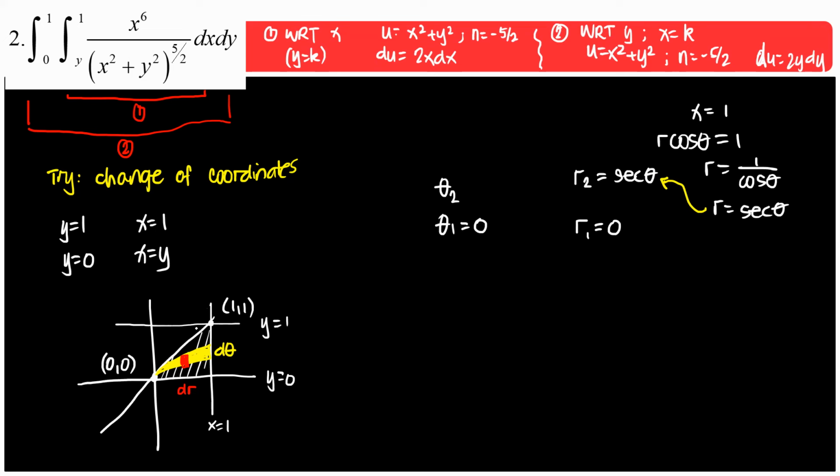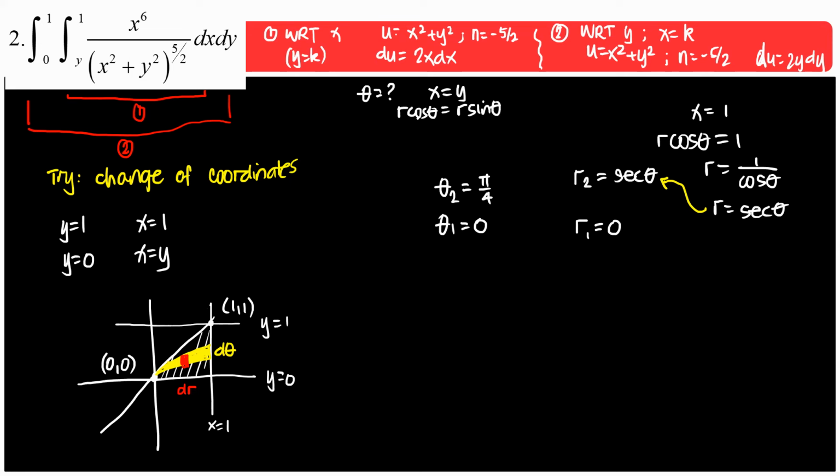And then since x is equal to y, you might say it's equal to 45. But is it really 45 degrees, pi over 4? Is it really? Let's check theta. When x is equal to y, take note that x is equal to r cosine theta. Y is r sine theta.